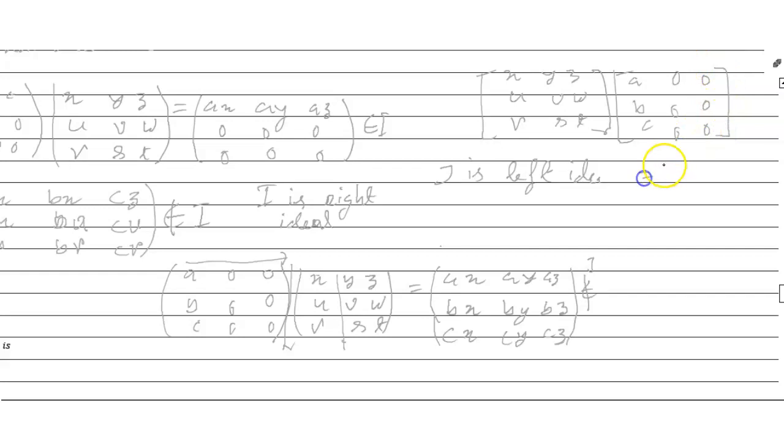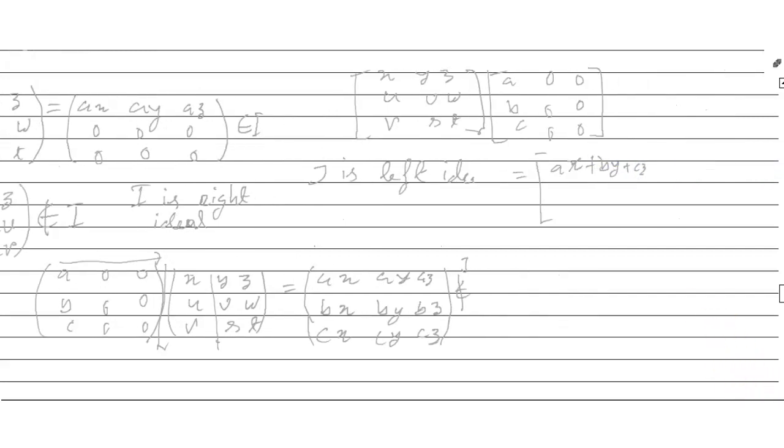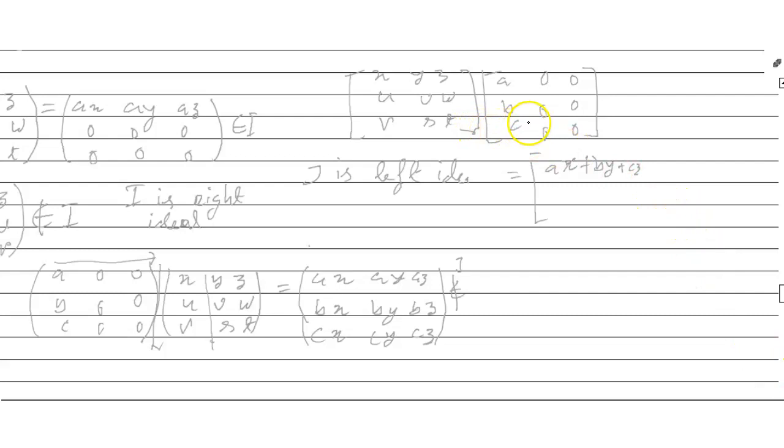So whatever you get, the first column is AX plus BY plus CZ, and the mid portion is 0 and the second portion also 0, and the third is EU plus BV plus CW, another portion is 0 0, and the second is AR plus BS plus CT, 0 0 0. So J is a left ideal, friends.